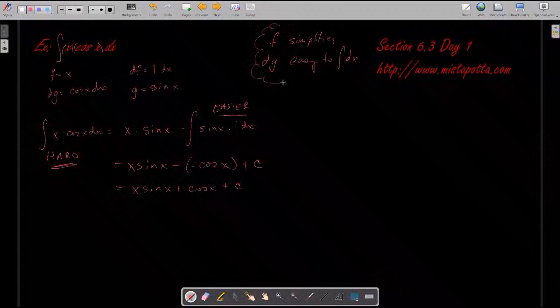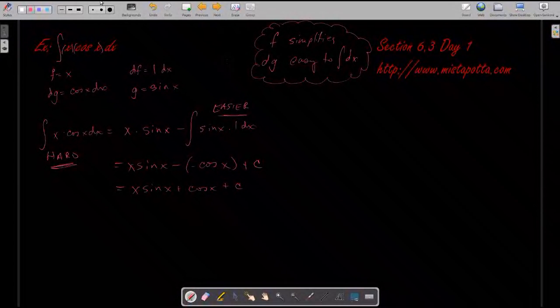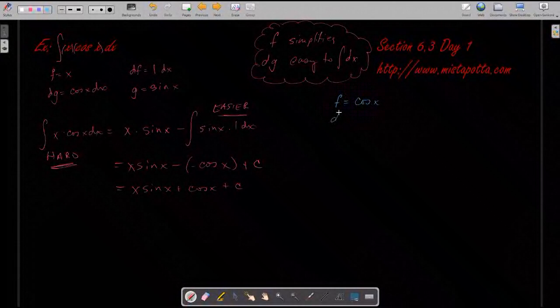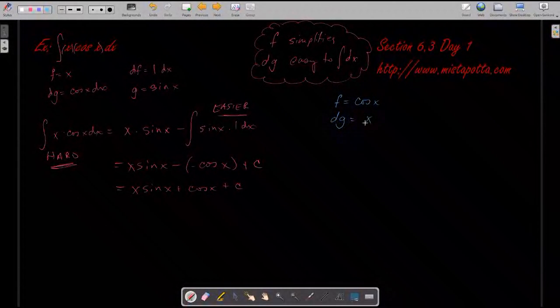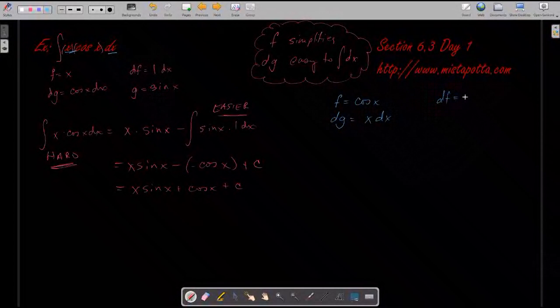Notice again that if I had chosen poorly, if I had chosen to let f be cosine of x, and dg to be x dx, because I have to incorporate all of these parts here, then df is negative sine x dx, and g would be the antiderivative of x, which would be x squared over 2.